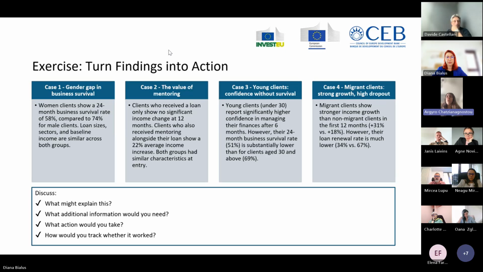And about how we could track if it worked or not, it's the practical part: if the business is alive, how the repayment performance is, if they have business growth in 6 or 12 months. I don't know if I'm forgetting something.